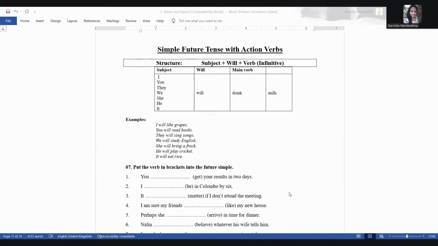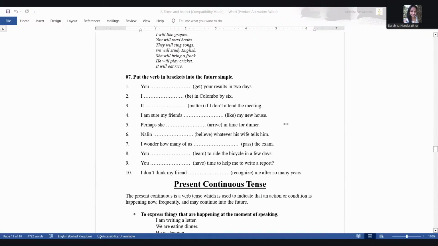He is singular, so it is not he will plays cricket. We have an auxiliary verb, that is will. If you have will in the sentence, the main verb should be there in its original form always. Because of that, she will drink, he will drink, they will drink, I will drink. So that is how we construct simple future tense sentences with action verbs.